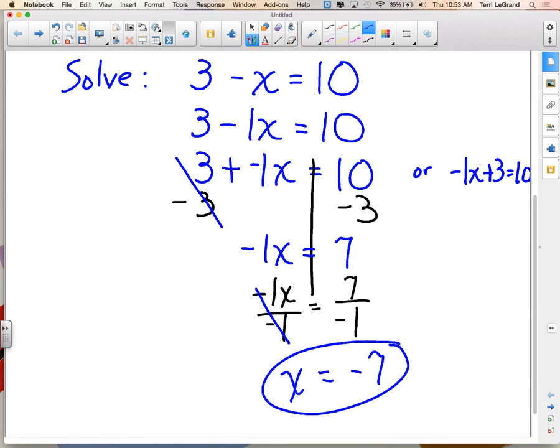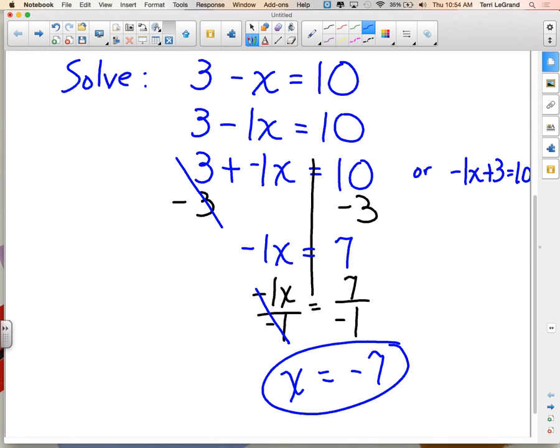That's not going to happen. It's got to be negative. So 3 go back 13, and we end up at negative 10. Negative 10 is not the same as 10, is it? So that one did not check out.